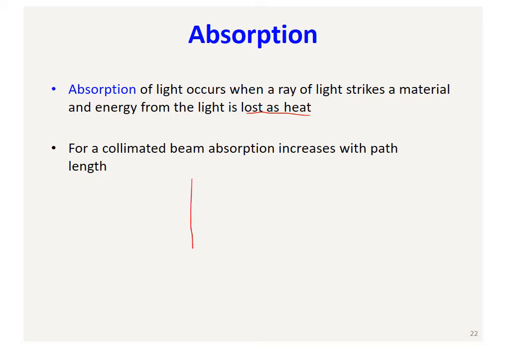If we follow the intensity of light, or the irradiance of a light beam, as it travels through an absorbing medium, we'll see that that intensity drops away. It will eventually reach zero, and that's occurring because energy, light, is being removed from the beam by the absorption process.